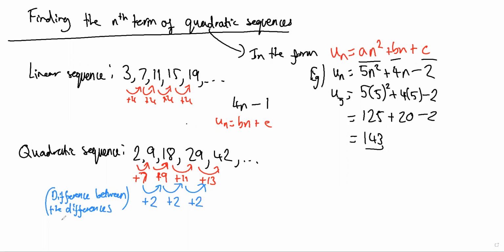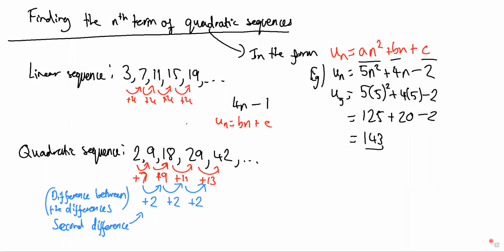That's quite a long way of writing it. You can just call it the second difference. And this is something that all quadratic sequences hold. All quadratic sequences have a fixed second difference, i.e. this number is always going to be the same. But the first difference isn't going to be the same.